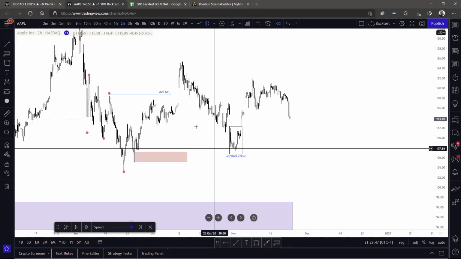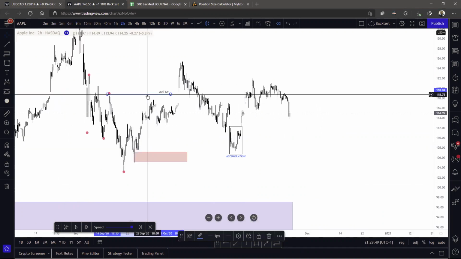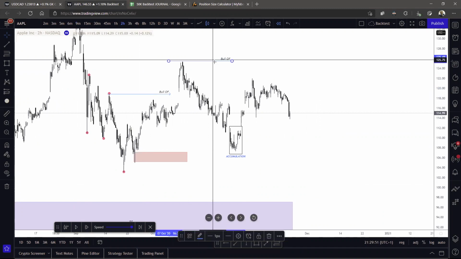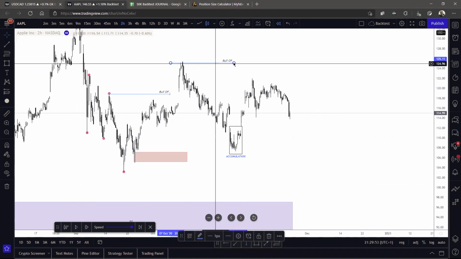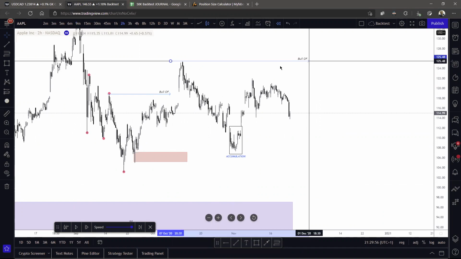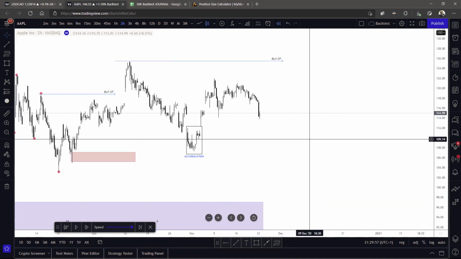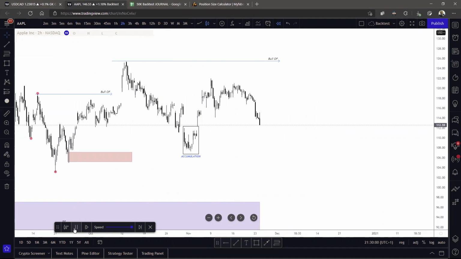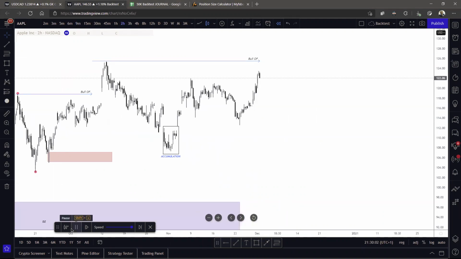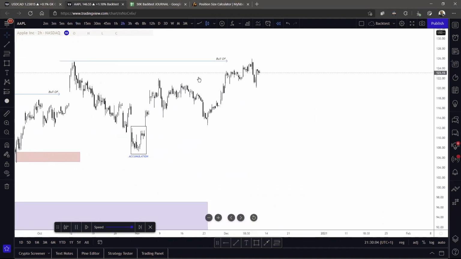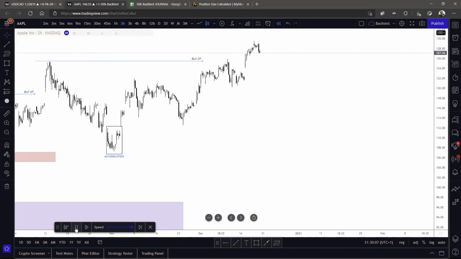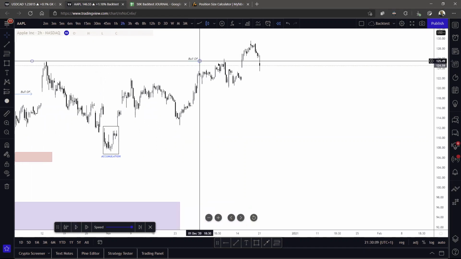So right now what we need to wait and see is if price goes ahead and gives us a new bullish order flow. And it does. Okay, and it does.